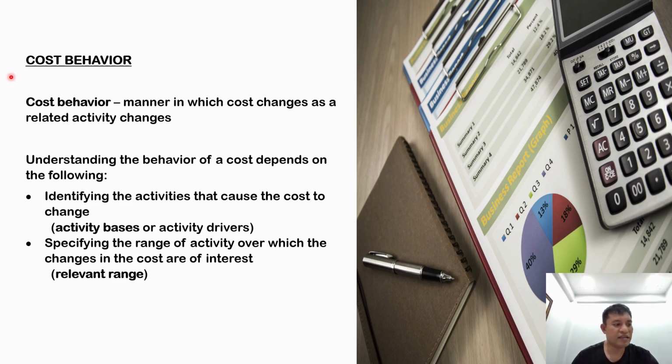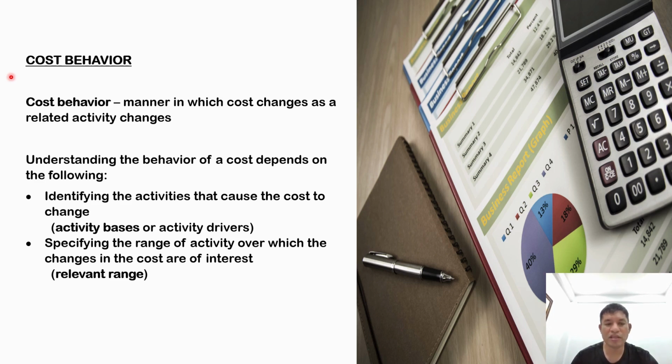To illustrate, let us say that a hotel is concerned on planning and controlling its food costs during breakfast. So a good activity base here is the number of guests availing breakfast, included bookings, plus those walk-in guests who opt to have their breakfast in the hotel.